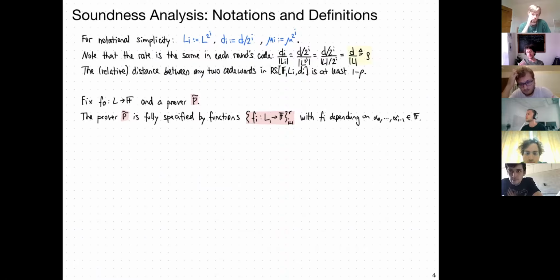And so we can say without loss of generality that the prover can be fully specified by the functions that it sends in each round. And notice that this function depends on the random choices alpha 0 to alpha i, which are the random elements that the verifier sends, which specify how to fold.